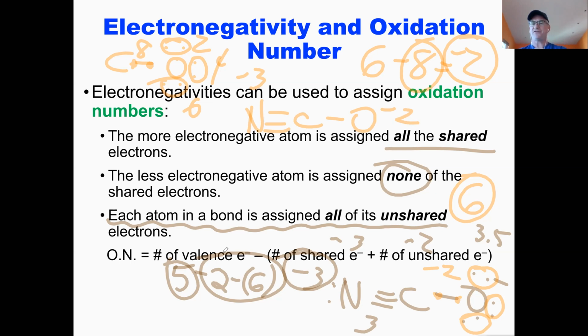How many electrons does carbon get to keep for itself? If we want to figure out what the oxidation number is on carbon, we have to figure out how many electrons it actually gets to keep. Does it get to keep any? Remember, it has to be more electronegative than an element it's sharing electrons with to get to keep any of them.